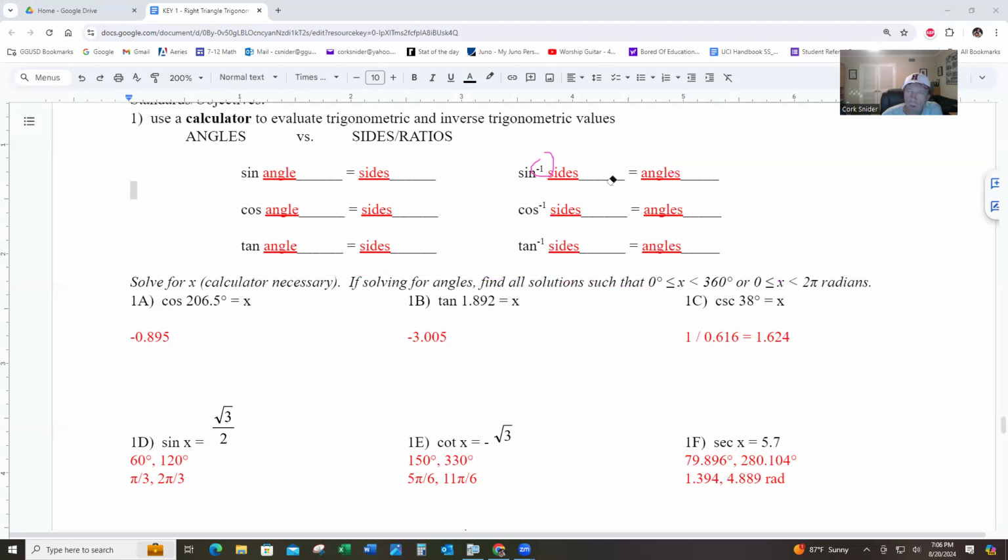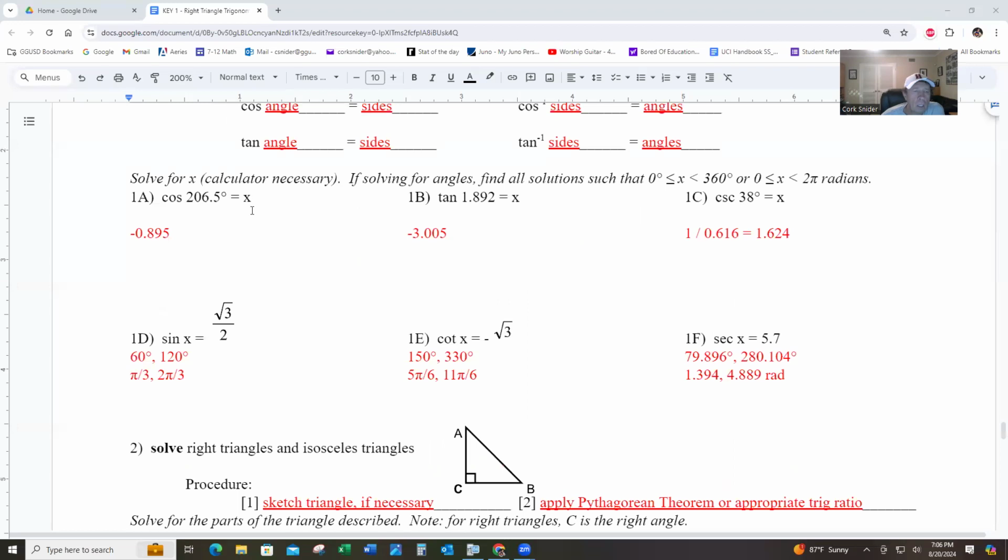But all right, so when you have a question like this right here, the cosine of 206.5 degrees. First of all, we're a little bit ahead here. You got to start thinking about cosine is x, and you should know 206 degrees is right about here.